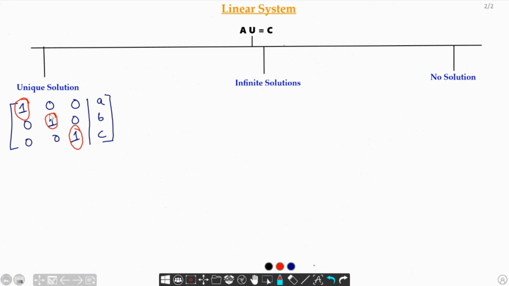Let me illustrate this. Say we have A equals 1, B equals 2, and C equals 3.